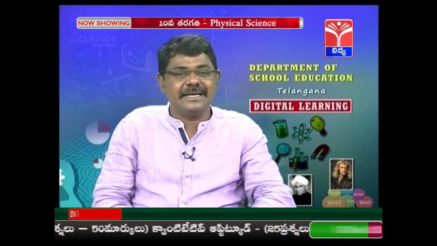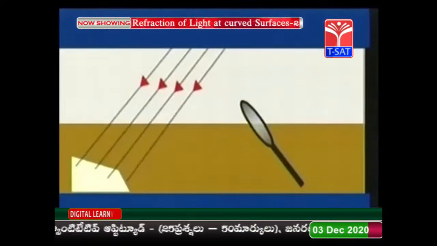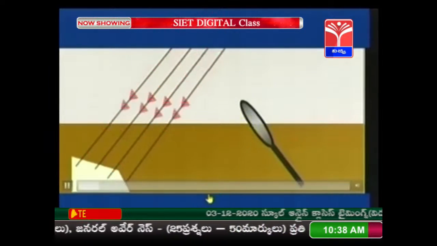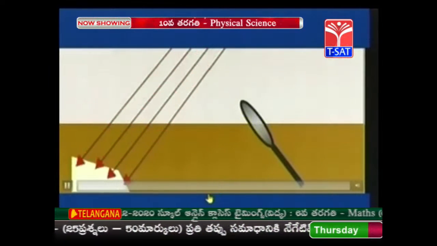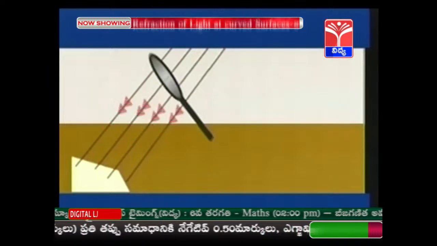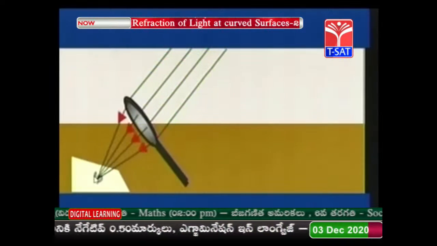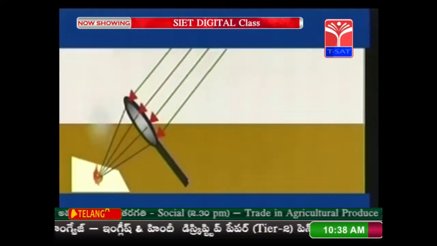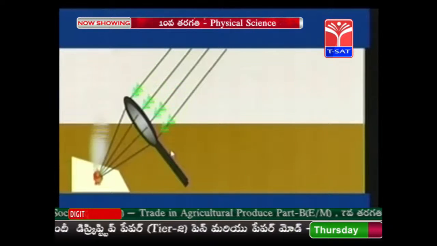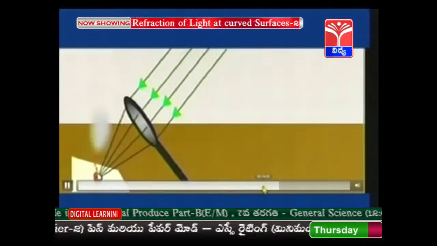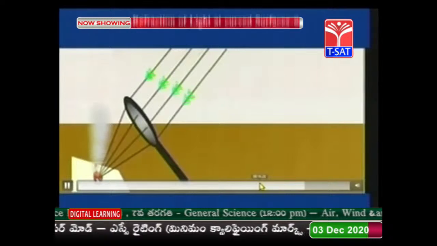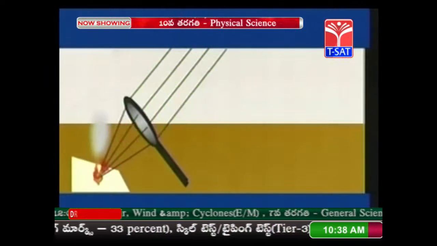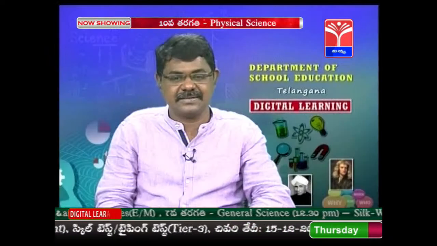Dear children, see the activity clearly. Observe this video clearly. Light rays are coming parallel, and if you place a magnifying glass at a particular point, you can see that the paper is burning when all the parallel light rays are focused by the magnifying glass.